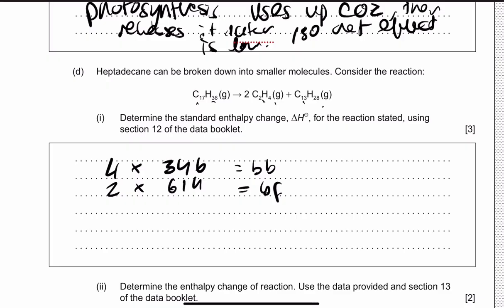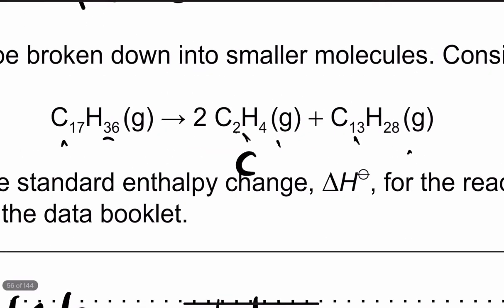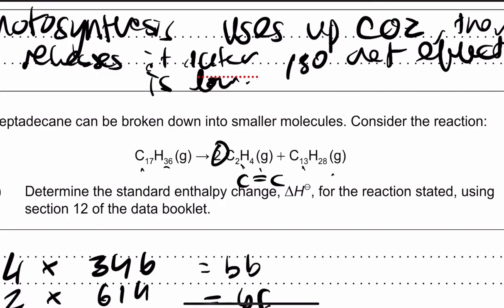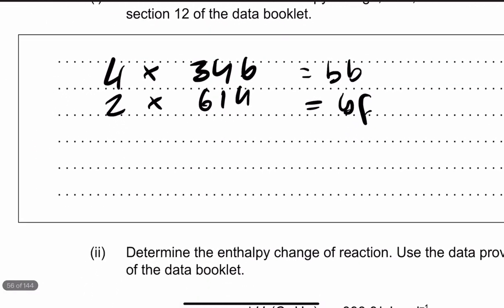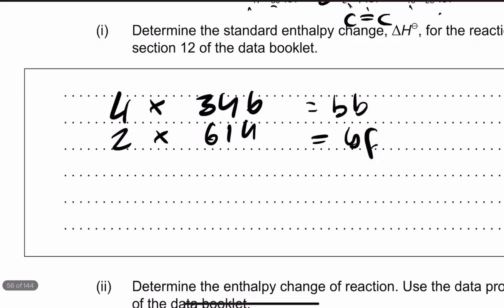We're just talking about the new bonds formed and the old bonds broken. We know that 4 carbon-carbon single bonds were broken, and the only new bonds are the C double bond C. There's 2 of them because there's a 2 here. From that, we just do reactants minus products, and we get a value of 156 kilojoules.